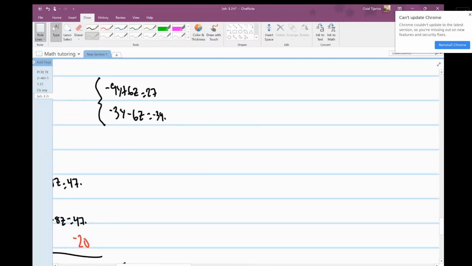Since this is substitution, we have to solve one of the equations for one of the variables. If we have negative 9y plus 6z equals 27, we can solve for z by adding 9y to both sides. This gives us 6z equals 9y plus 27.